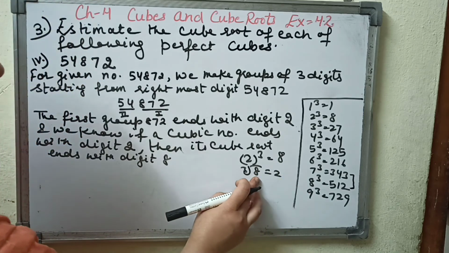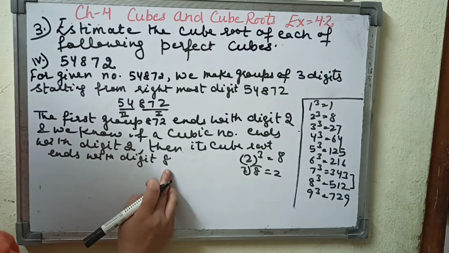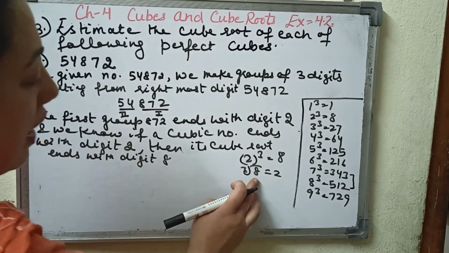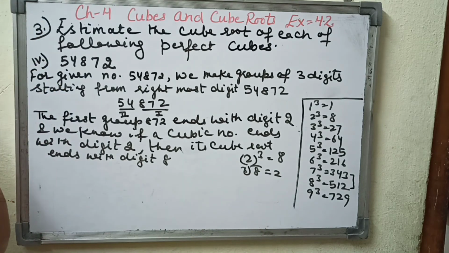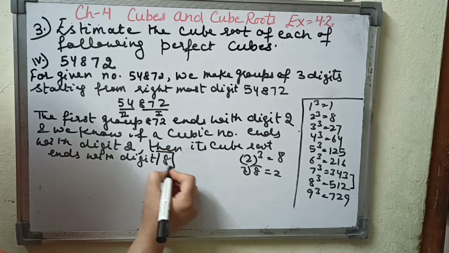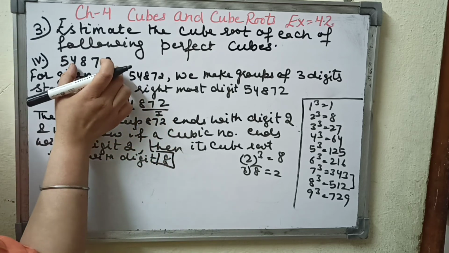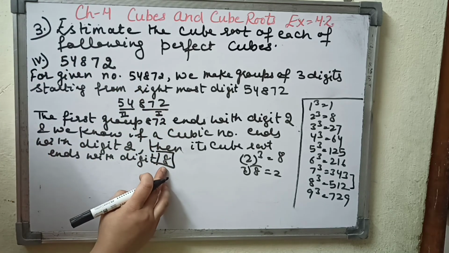So its unit digit is 8. So the cube root of the given number, its ones digit is 8.